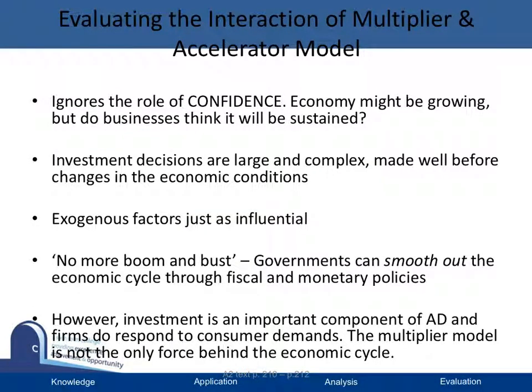Final slide, just some points for evaluation really. There are, of course, always weaknesses with models. But remember, the multiplier and the accelerator are not the only factors behind movements through the economic cycle. So just finally, this is a key concept for an A2 high grade.